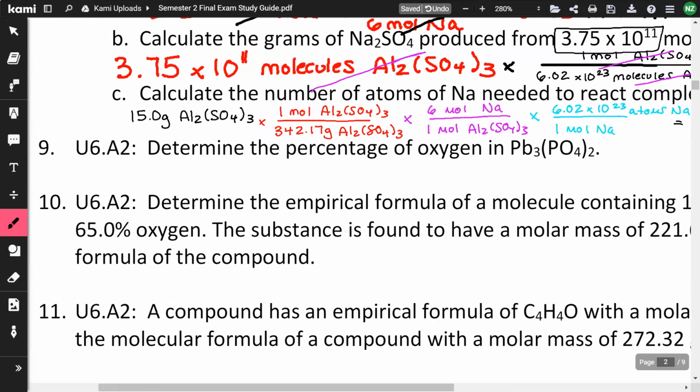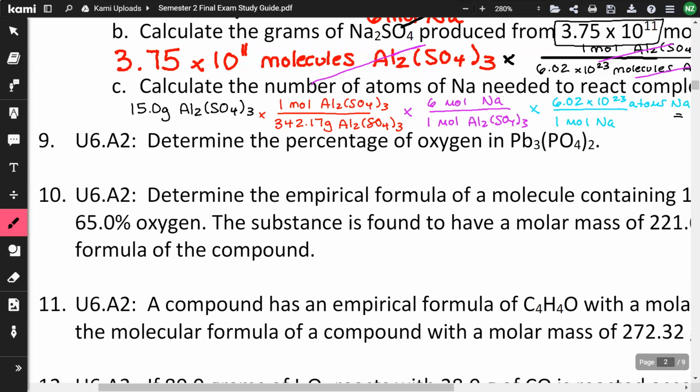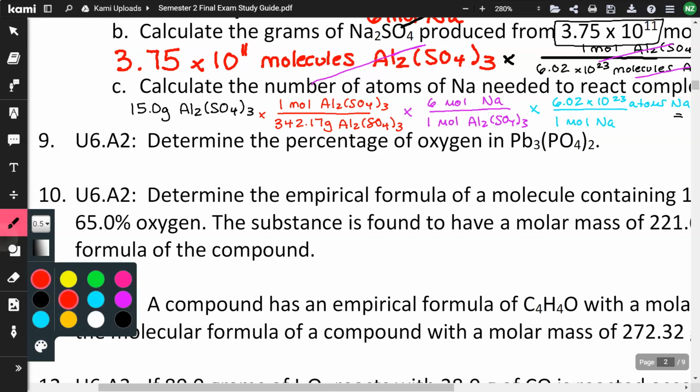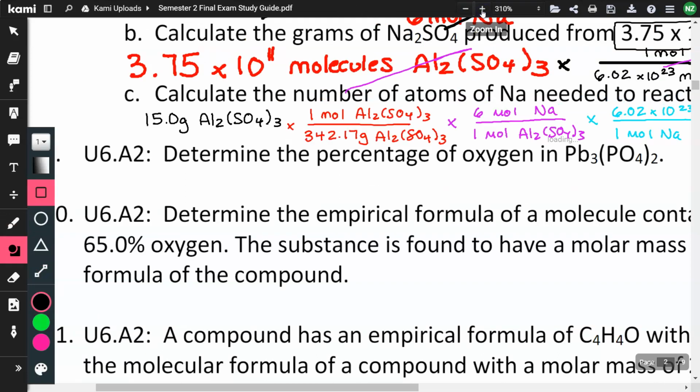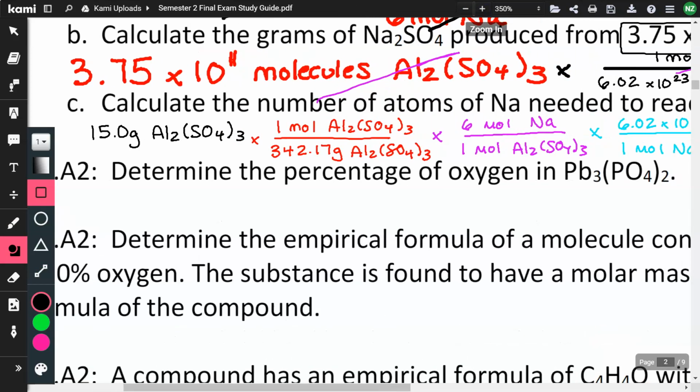All right, moving on. Determine the percentage of oxygen in Pb3(PO4)2. All right, so for this, we need to zoom in because we don't have enough space here. And let's go to a smaller size.